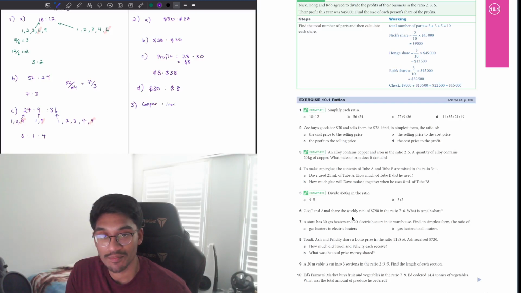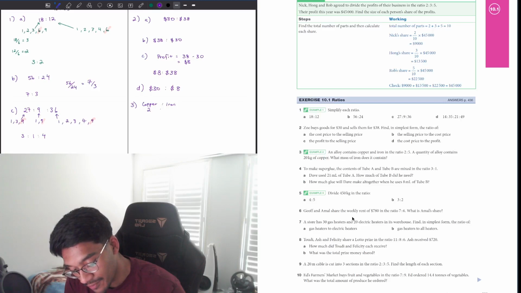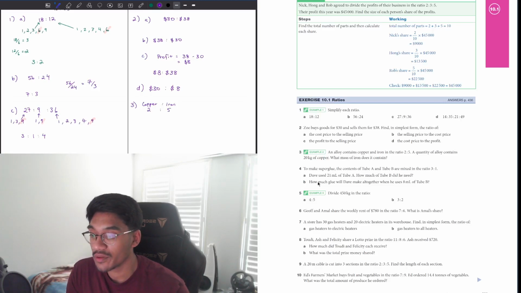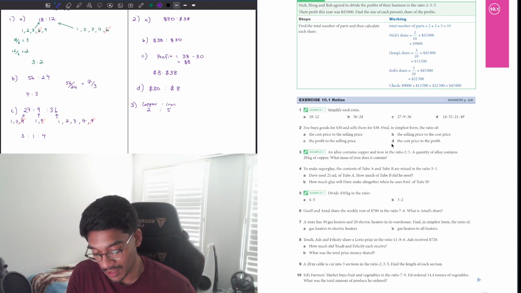So there's parts of copper, there's parts of iron, and the ratio is 2 to 5. How I know that is I say copper first, so that means the first number is related to the copper. So I know the ratio is 2 to 5, and I also know that this quantity of alloy contains 20 kilos of copper.